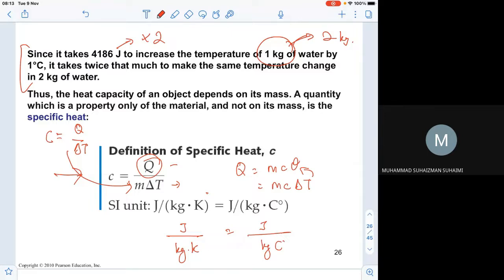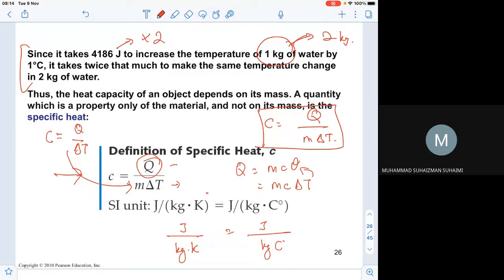So the definition of the true specific heat is C equals Q over m delta T, where c is the specific heat, Q is the quantity of energy, m is mass, and delta T is the change in temperature.